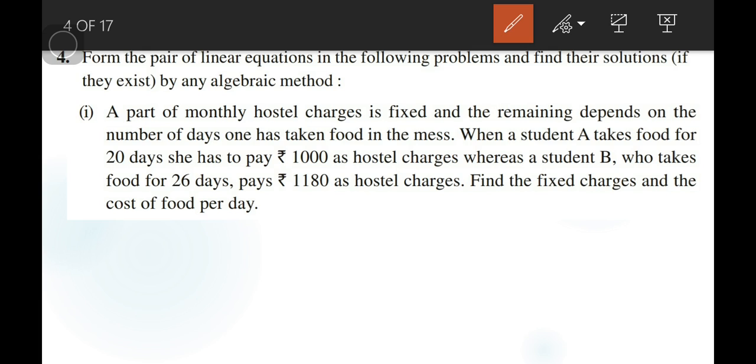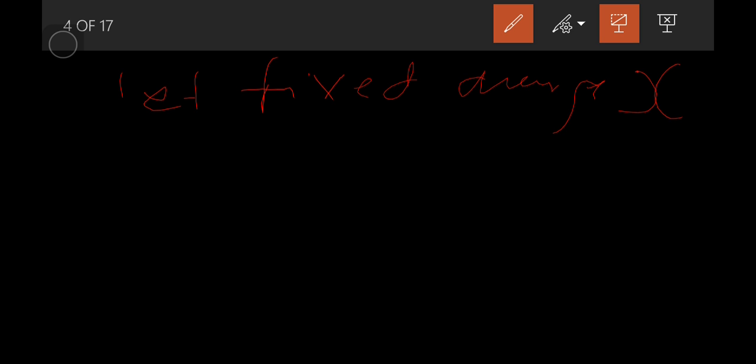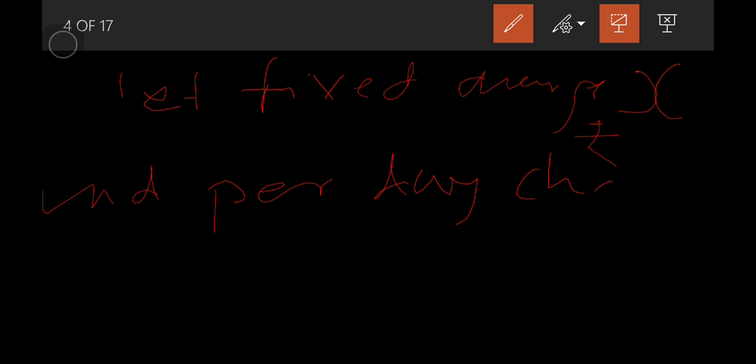So first we let the fixed charge, which is for only one day, be X rupees, and the per day charge be Y rupees.